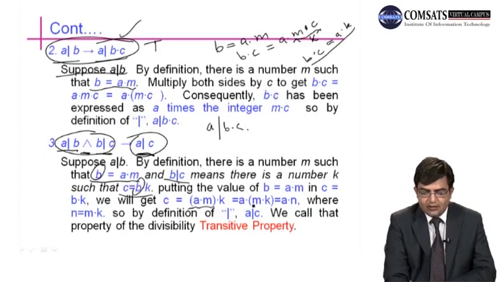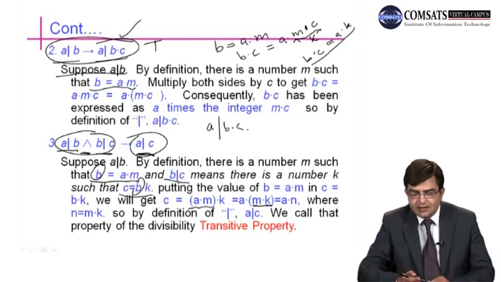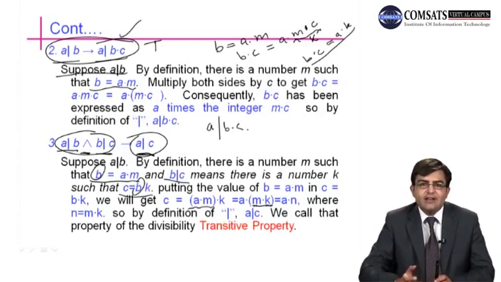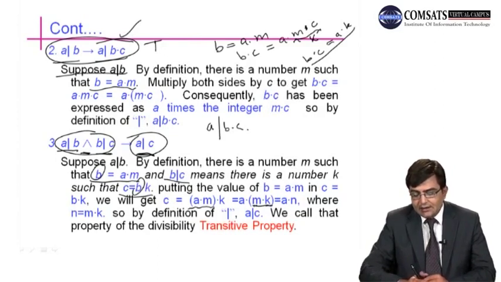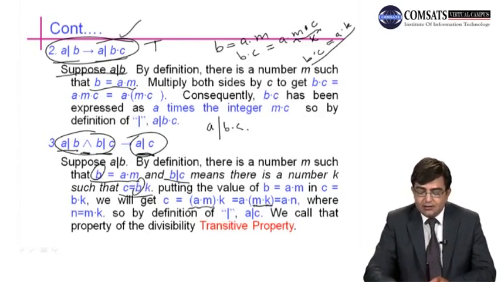So here we can write a into m into k. So m into k, if we suppose m into k, because m is an integer, k is an integer, so the product of integers is again an integer. This is another result. So m into k can be written as n.